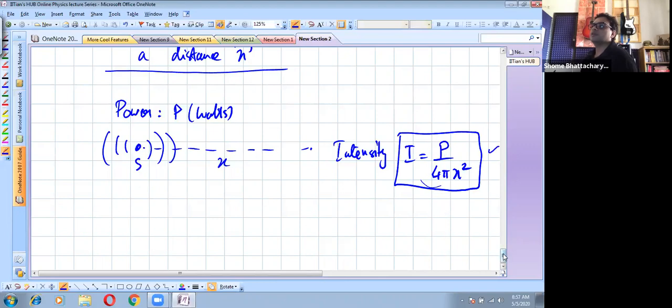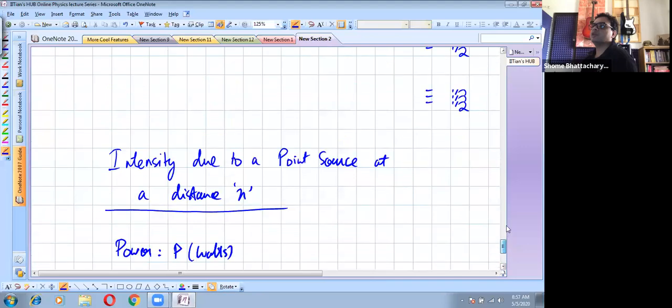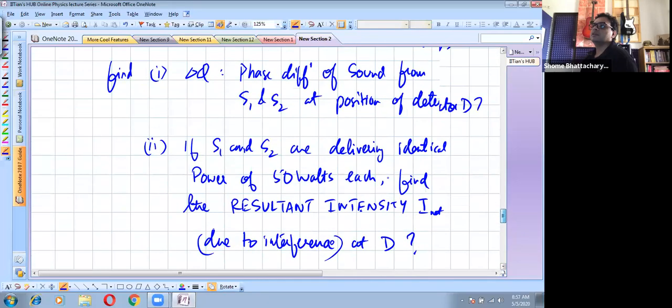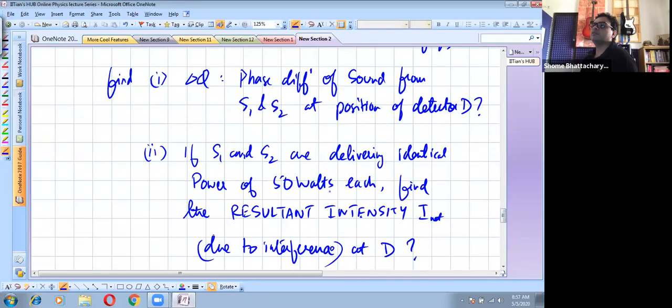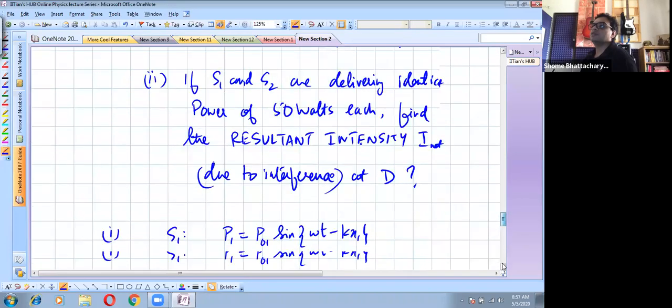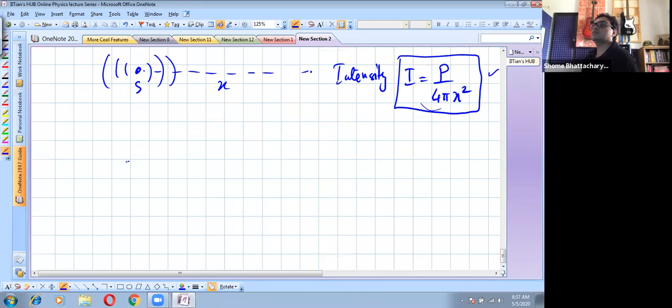Okay. So now if you go back to the question, what I had given in the question is that they are delivering identical power of 50 watts. So find the resultant intensity. So for this problem, S1 is giving 50 watts power.